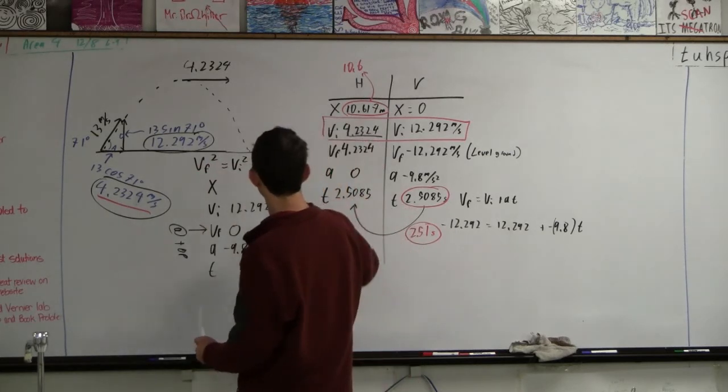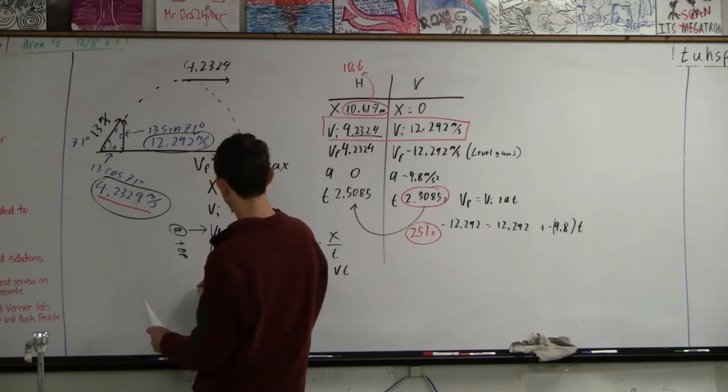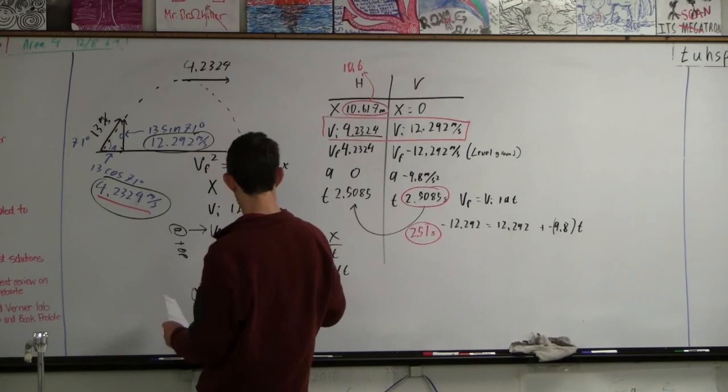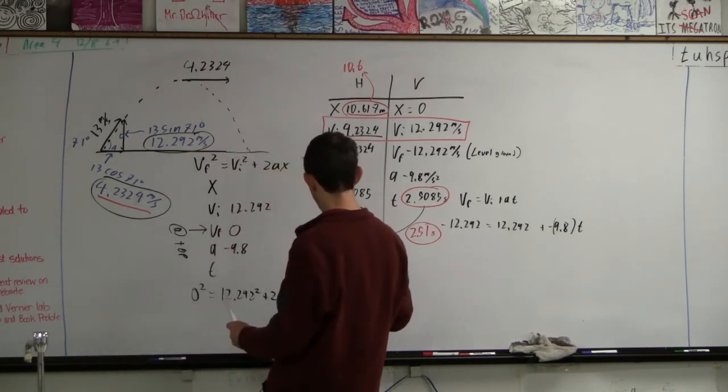Plugging in: 0 squared equals 12.292 squared plus 2 times negative 9.8 times x.